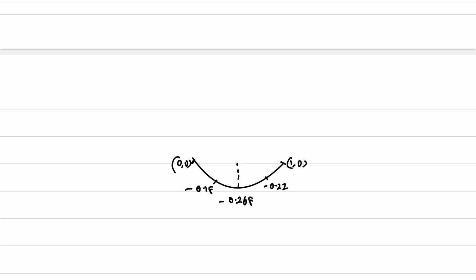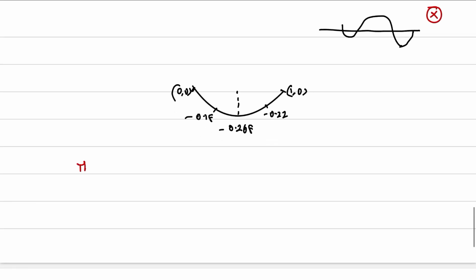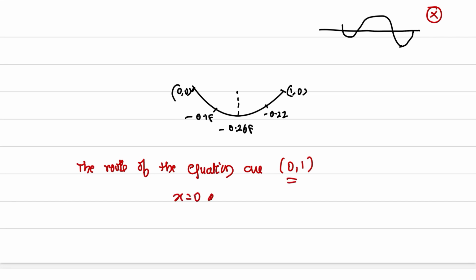There is nowhere it is becoming negative. It is changing the sign from negative to positive. That means we have almost negated the shape. The shape is like this. This shape is negated. Hence, the possible solutions, the roots of the equation are 0 and 1. X is equal to 0 and x is equal to 1.